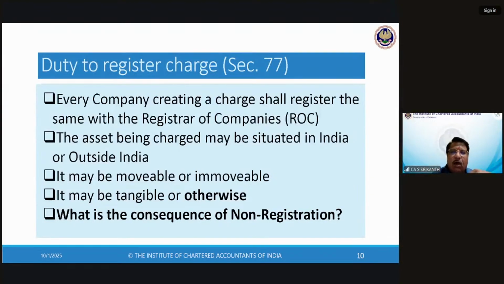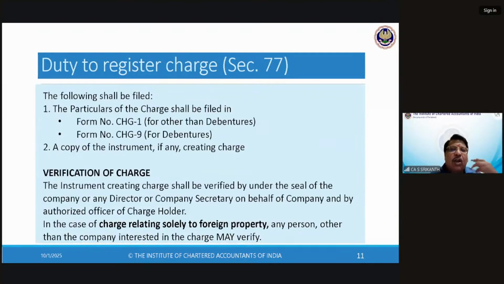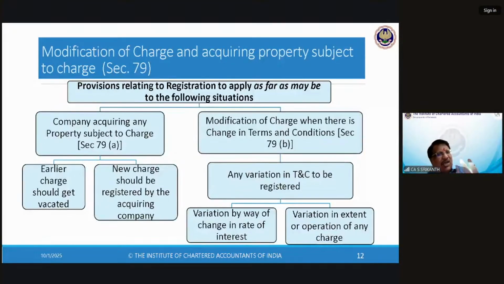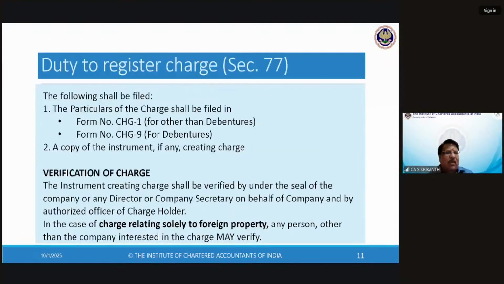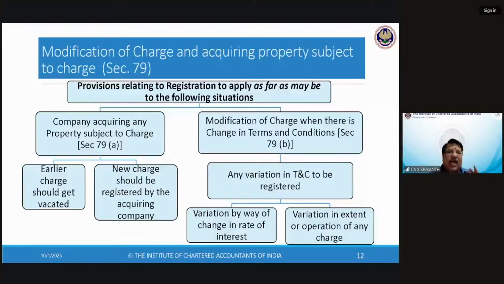We also saw the form numbers. Form CHG1 is for particulars of charge other than debentures. That is the basic one. In case of issue of debentures, it is CHG9.